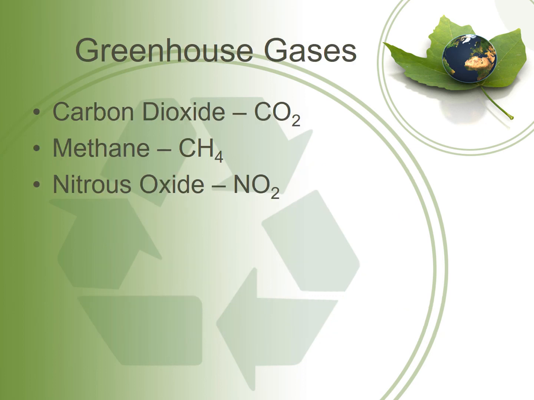When we're talking about the environment, we need to talk about greenhouse gases. So carbon dioxide, methane, and nitrous oxide. These are all really important greenhouse gases. We all hear in the news differences about, well, agriculture is awful. They have the most greenhouse gases. No, it's transportation.